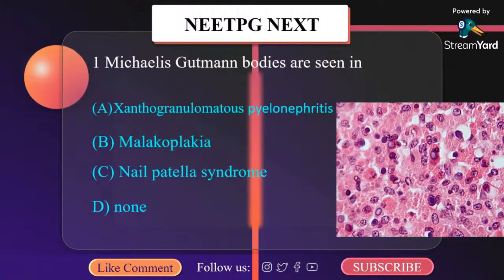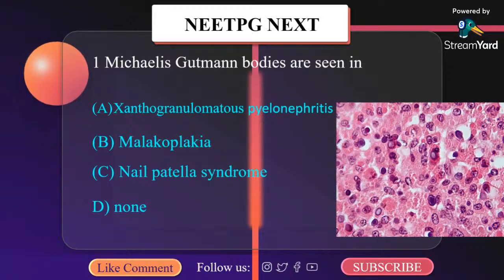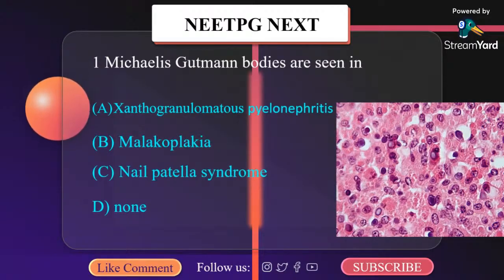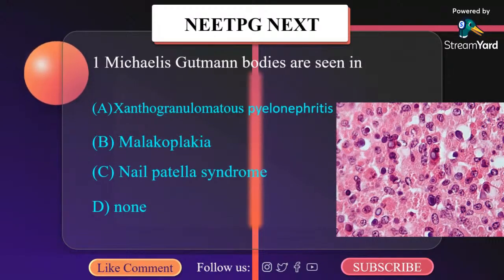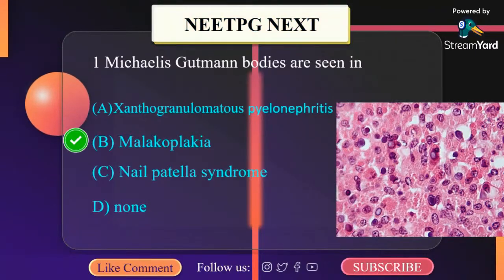In addition, malakoplakia is also characterized by Michaelis-Gutmann bodies. Michaelis-Gutmann bodies are laminated mineralized concretions resulting from deposition of calcium in the enlarged lysosomes. They are typically present both within the macrophages and between the cells. They demonstrate positive results using PAS and are diastase resistant. So the correct answer here is B, malakoplakia.